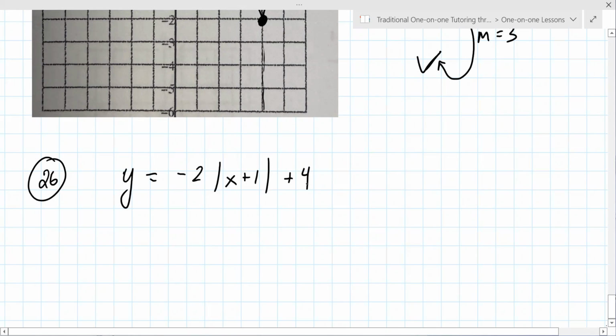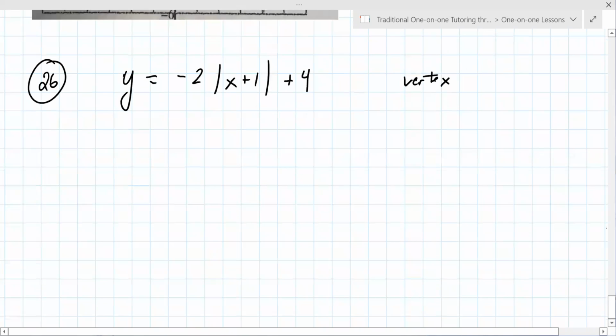All right, could you give me the vertex of this graph? So it'd be x equals 1 and then y equals 4. Or the classic mistake. It's -1, 4 is the vertex.